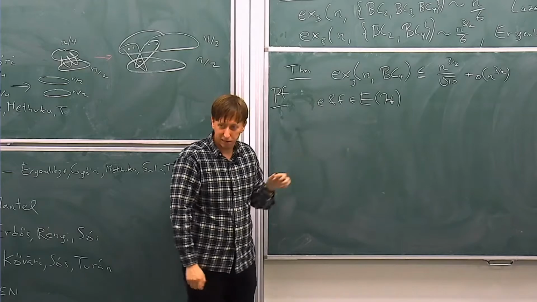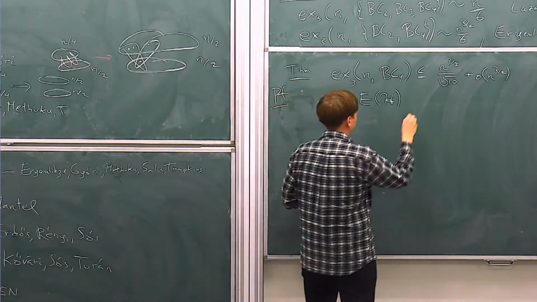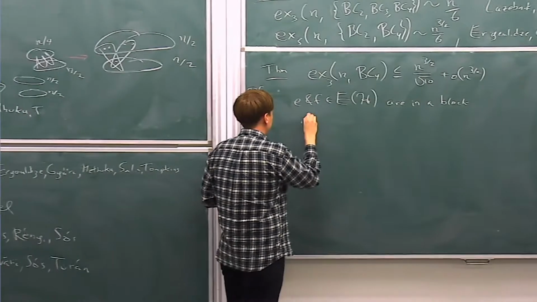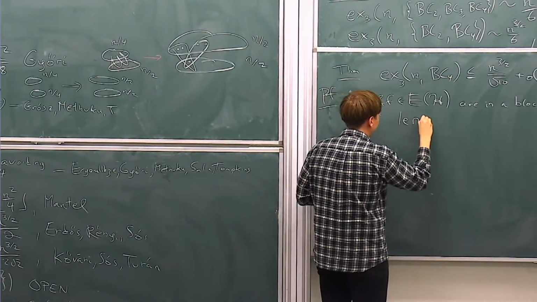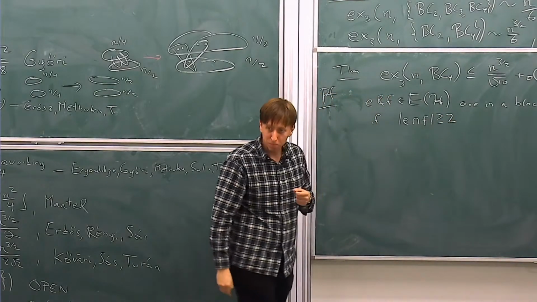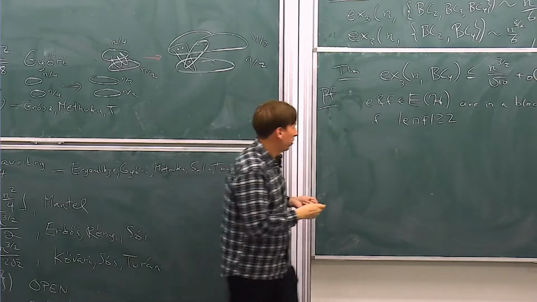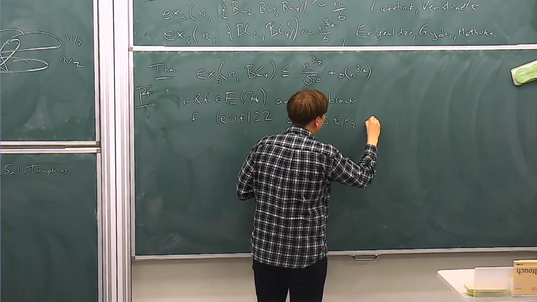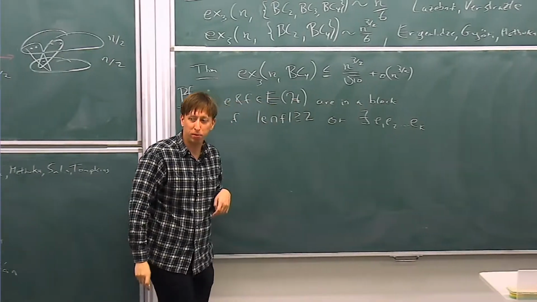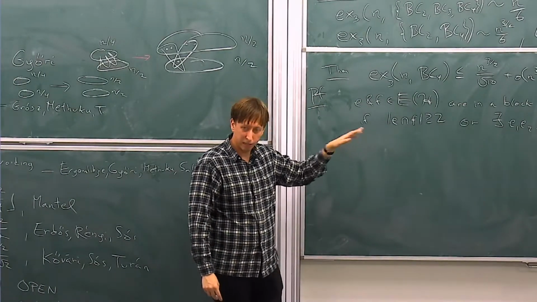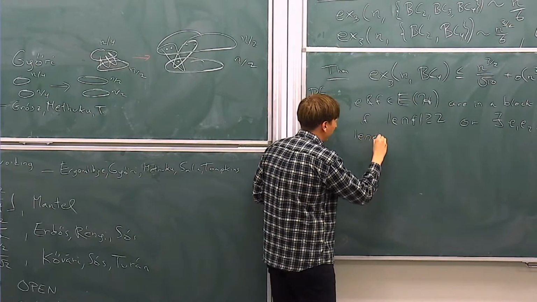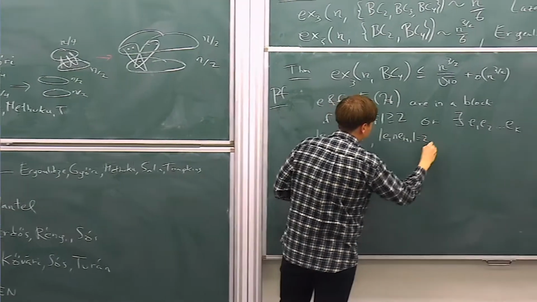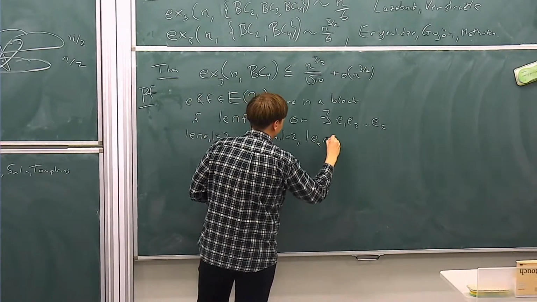I say that 2 hyperedges E and F are in the same block if the intersection of the 2 hyperedges is large, at least 2, or there exists a sequence of hyperedges E1, E2, up to Ek, which may repeat, so that E intersect E1 has size 2, Ei intersect Ei+1 has size 2, and Ek intersect F has size 2.